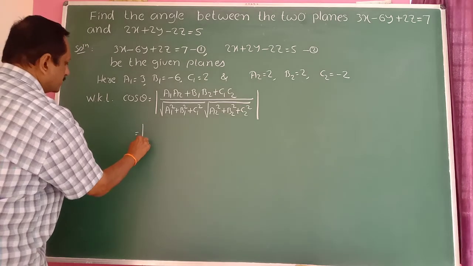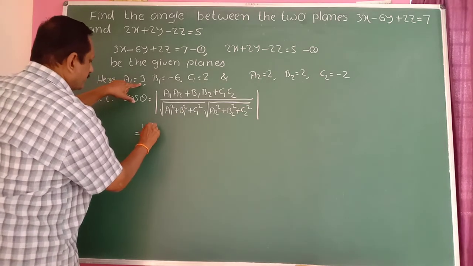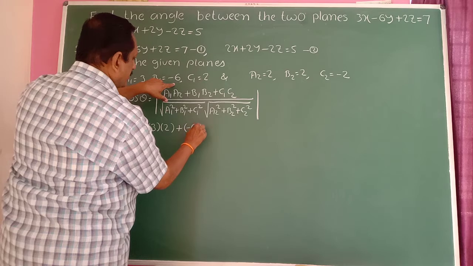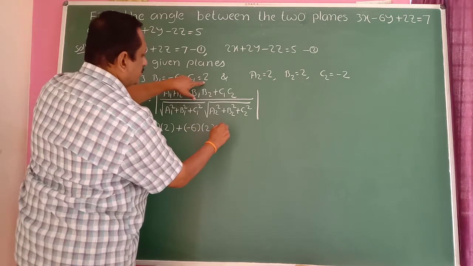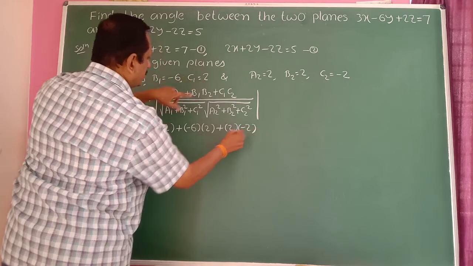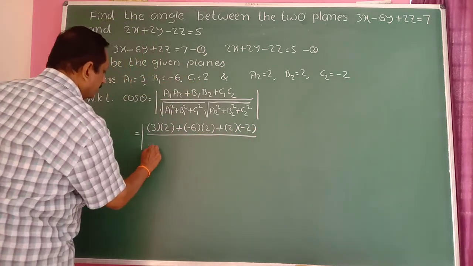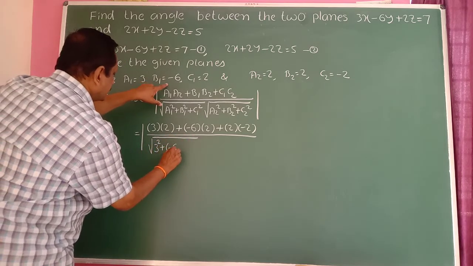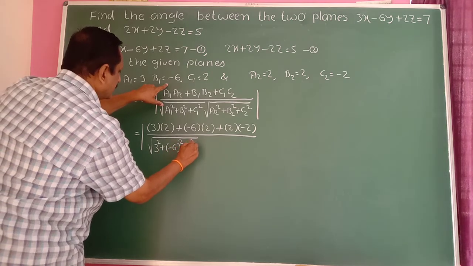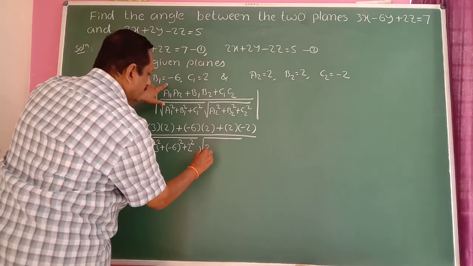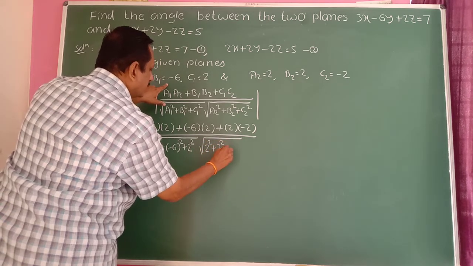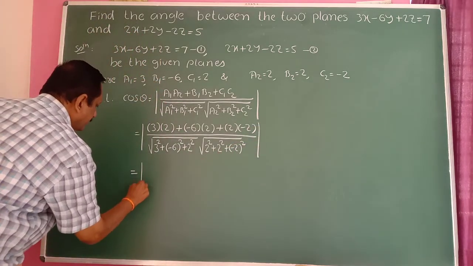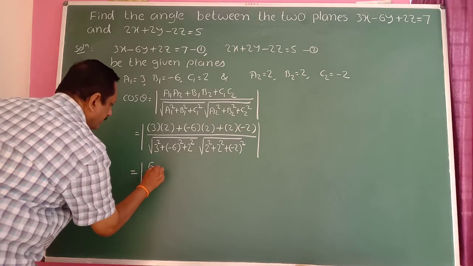Therefore this is equal to modulus of 3 into 2 plus minus 6 into 2 plus 2 into minus 2, divided by root of 3 square plus minus 6 square plus 2 square, then root of 2 square plus 2 square plus minus 2 square.